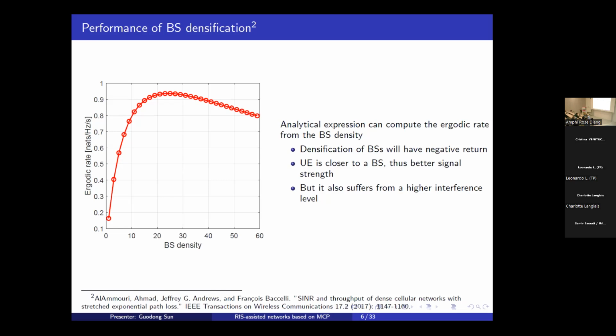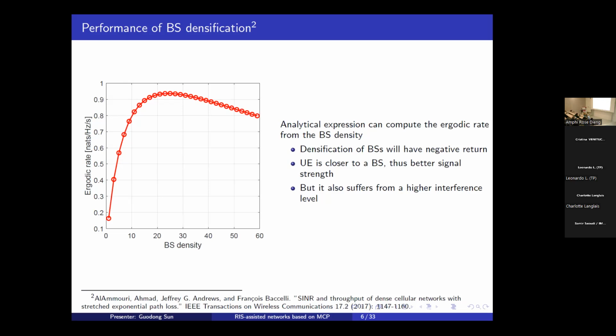There is some research from Mori and Ahmad. They find that the ergodic rate is not always increasing with respect to the density of base stations. Why is that? Once you densify the base stations, the user has a higher probability of being closer to a base station, but the overall interference becomes higher.